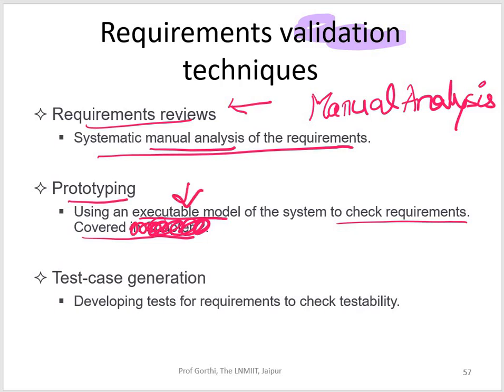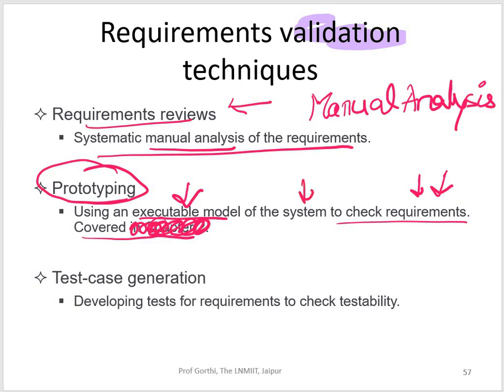Even if I am going for automation, there are chances that the application testing the SRS might skip some things which a human eye cannot skip. So requirements reviews are where the systematic manual analysis of the requirements is done. See, right now we are talking about validation of the requirements.